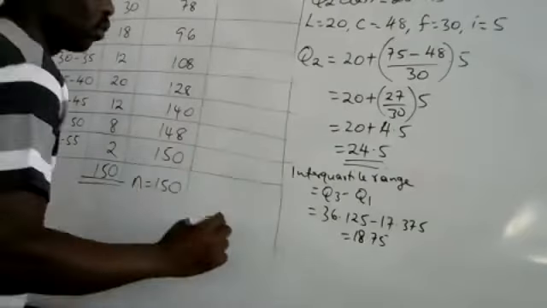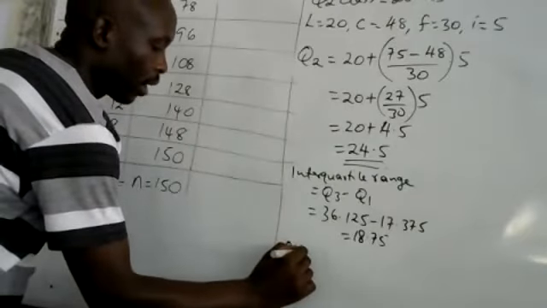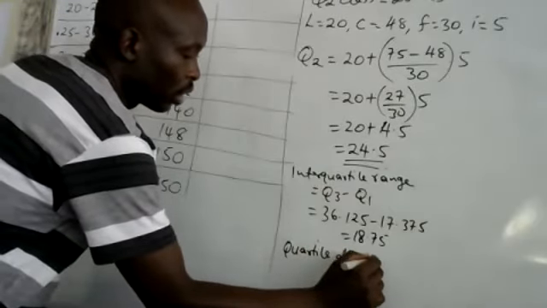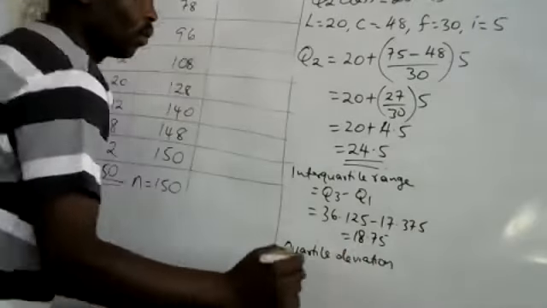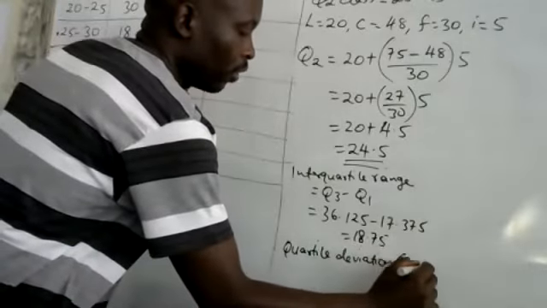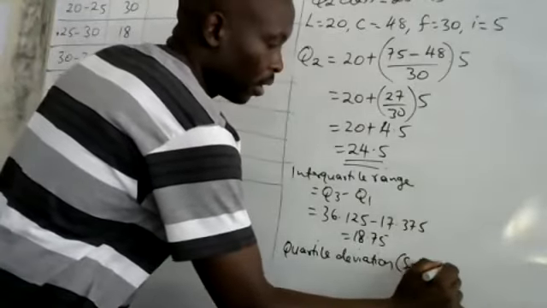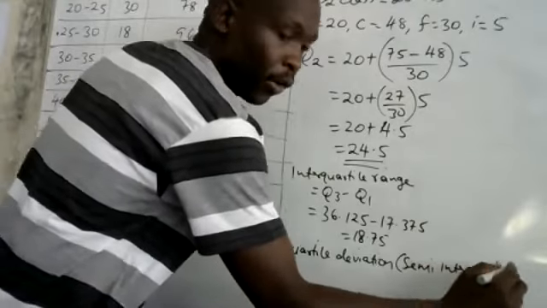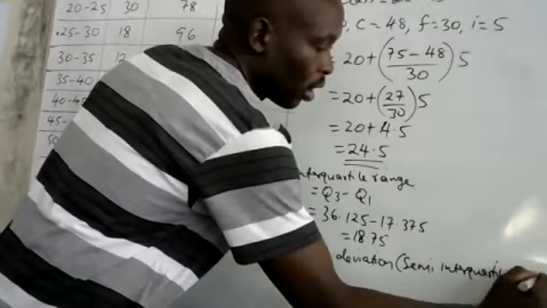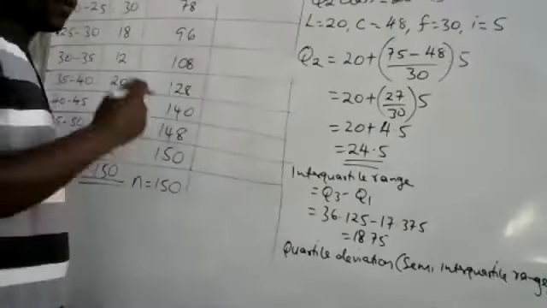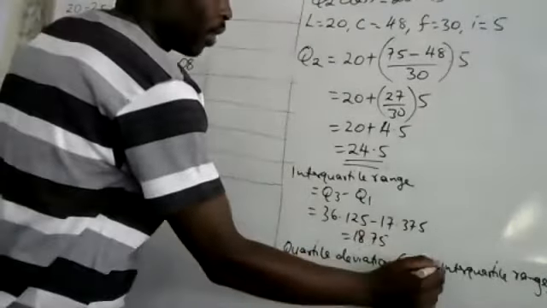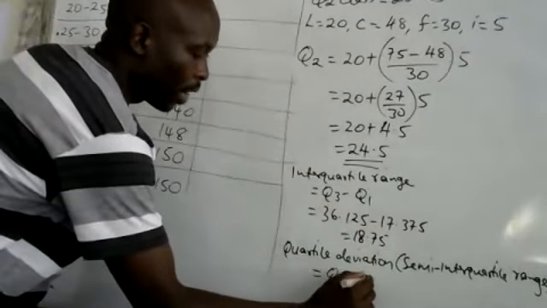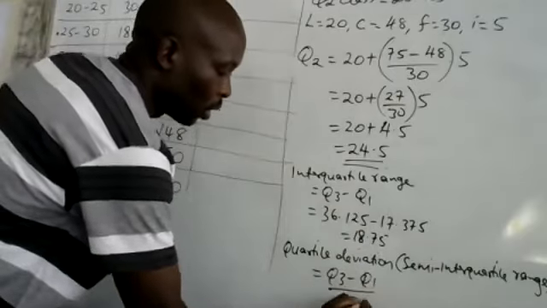Then we can also be told to calculate the quartile deviation, also known as the semi-interquartile range. It is normally given by Q3 minus Q1 over 2.